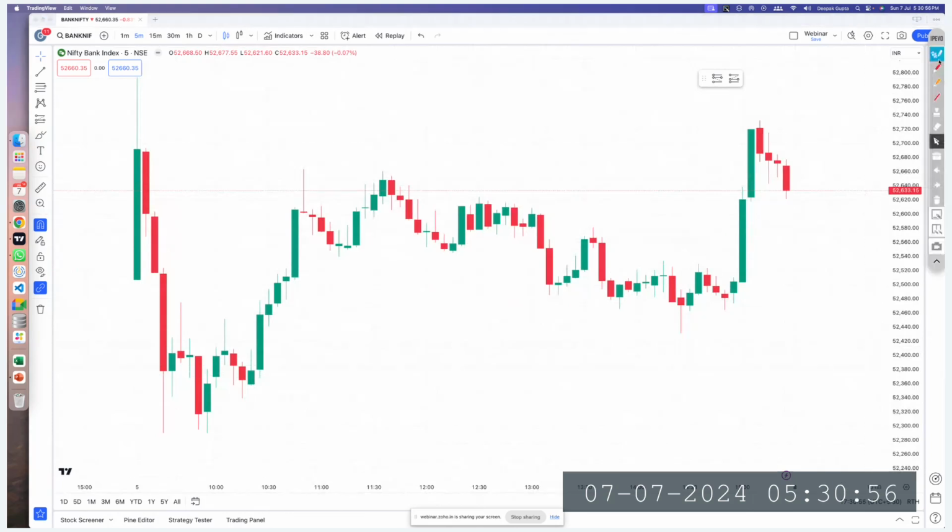Like we can see, one of those is here. This is a price where the movement is continuously testing, but it is not able to breach. On the lower side, we can say this looks like one of those zones where the price is trying to go down, but it is not going down below that.